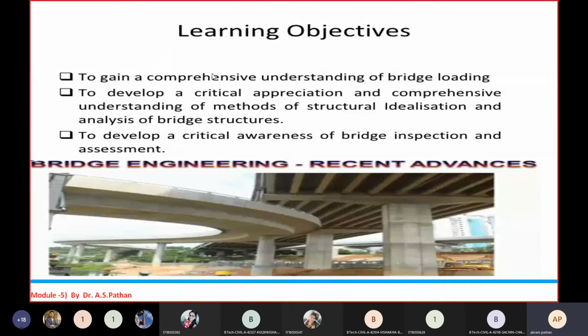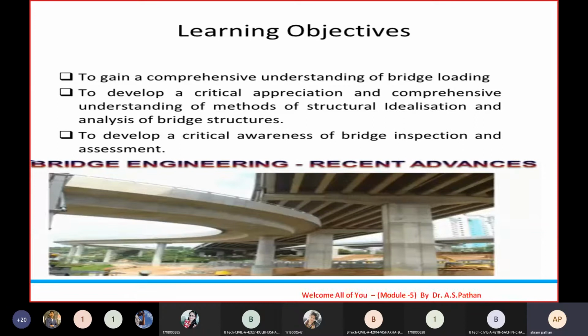So the first objective is to gain a comprehensive understanding of bridge loading. While designing the bridge, we should understand the different types of loading that will be there on the superstructure. So we should know the different bridge loading.